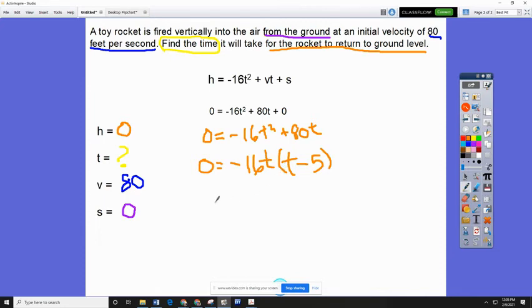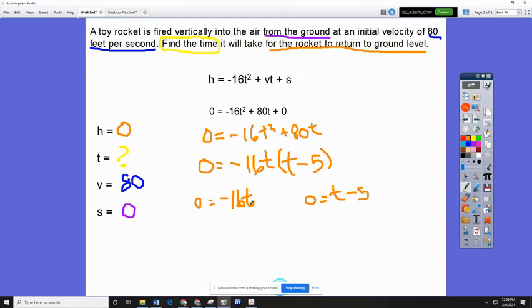We have two of them here. And so we're going to start off by saying, well, I know this thing becomes zero if either this is zero or this becomes zero. So I'm going to set them both up. 0 is equal to negative 16t, or 0 is equal to t minus 5.